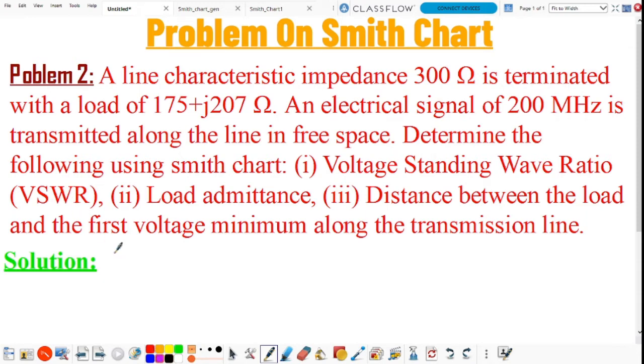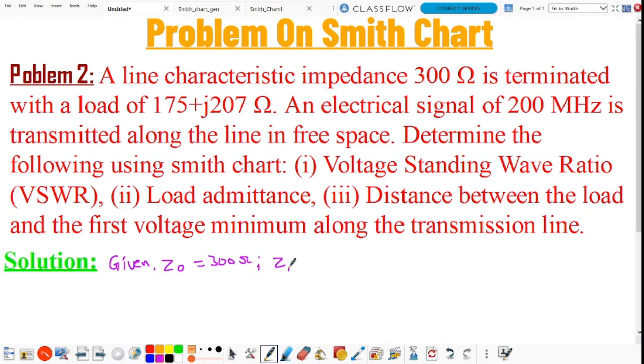Given that the characteristic impedance Z0 is equal to 300 ohms.